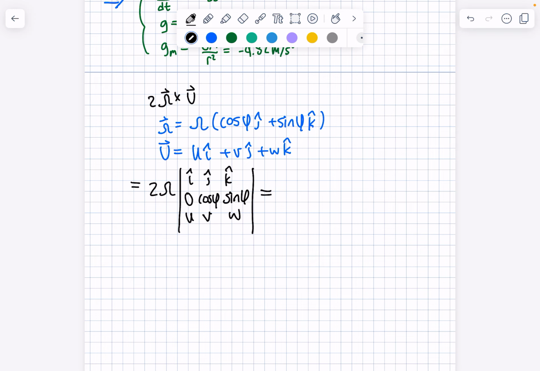That is the determinant of this notation here. That is the determinant. So you can look that up online.